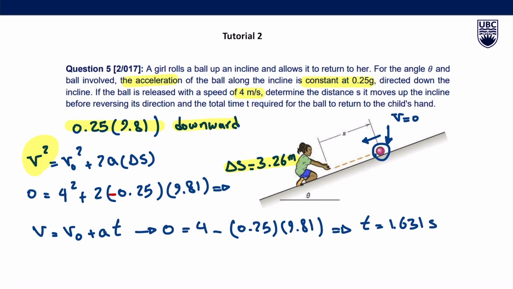But this is not the total time. It's the time that it takes for the ball to reach this point here. So we need to multiply it by 2 because it goes up and then it goes back. Let's call this one t up. So the total time is 2 times t up, which will be 3.26 seconds.